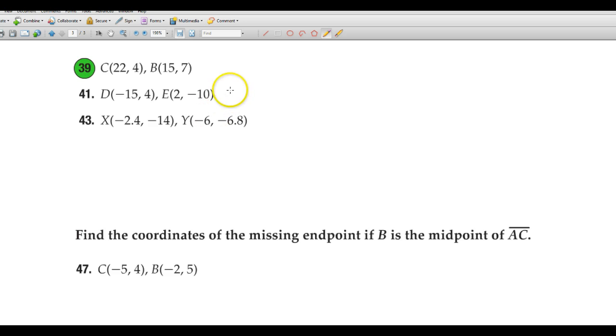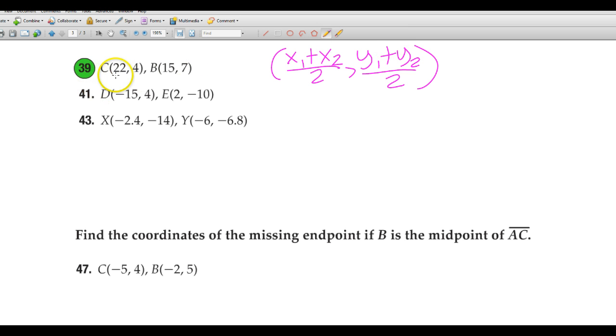On 39 and 43, we'll apply the midpoint formula. So for 39, add your x's together, or 15 plus 22, that would be fine also, and divide by 2, and do the same with the y's, 7 and 4.